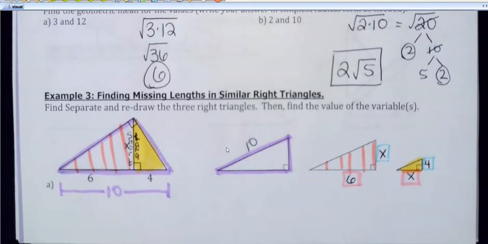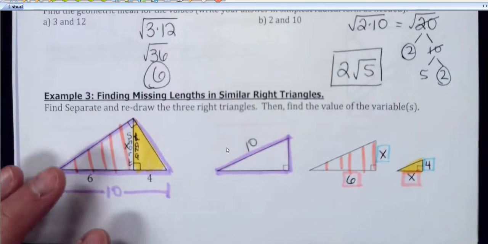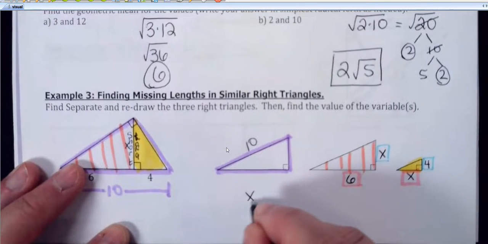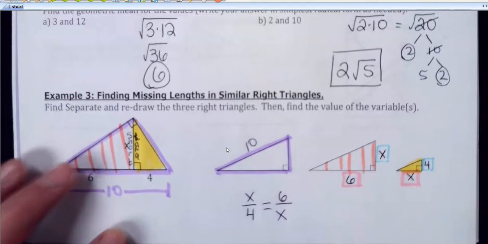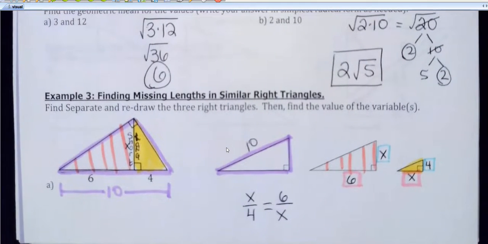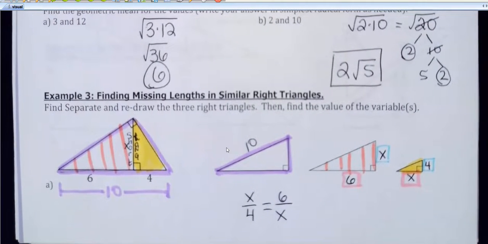There are different ways you can set up these proportions. As long as you have the same cross products as me, we're good. I'm going to do x over 4 equals 6 over x. If you set it up differently than me, that's fine, as long as you're doing x times x and 4 times 6 as your cross products.